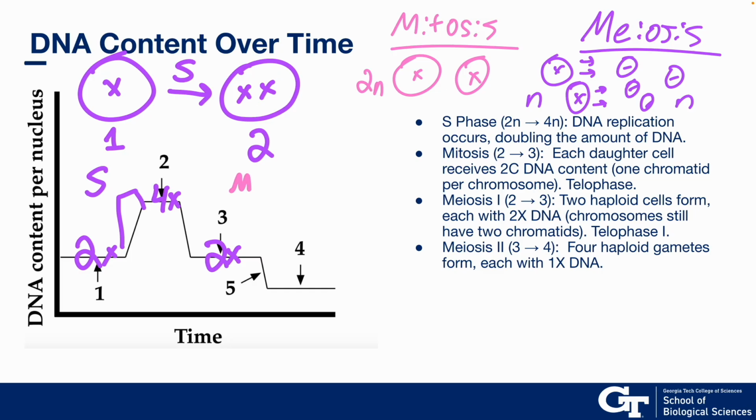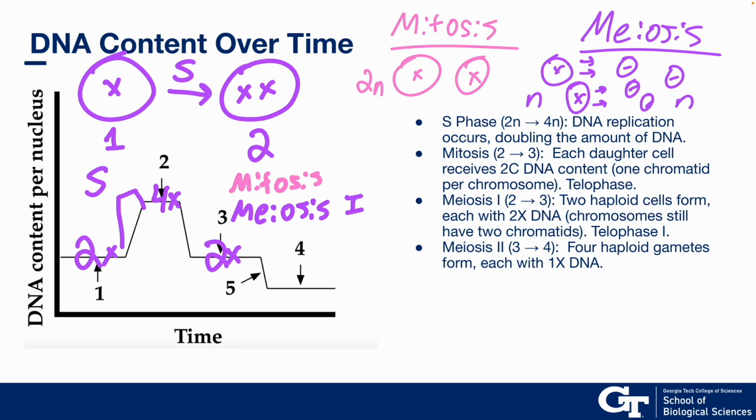So this division will either be mitosis or meiosis 1. And if you think about it, it makes a lot of sense that we go from 4x to 2x in a cell, because we have 4 times the DNA and we're splitting that between two daughter cells. So it's 2x in each.